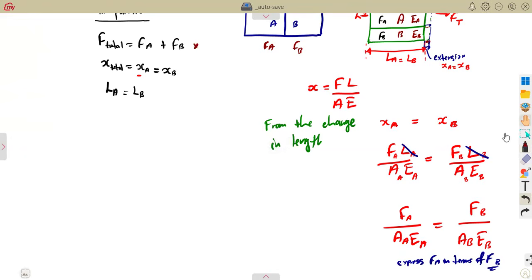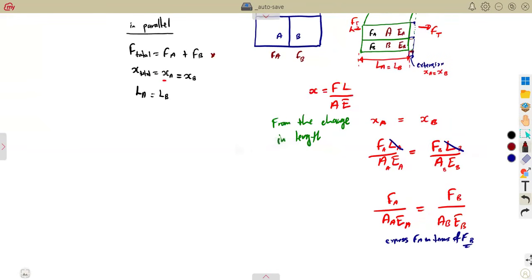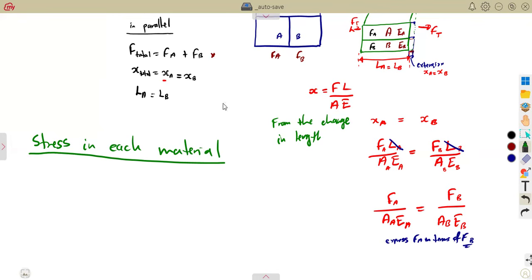And with these calculations, sometimes they might even ask you to determine the stress in each material. Our calculations for stress are not going to change. In A, the stress at A is going to be force over area.